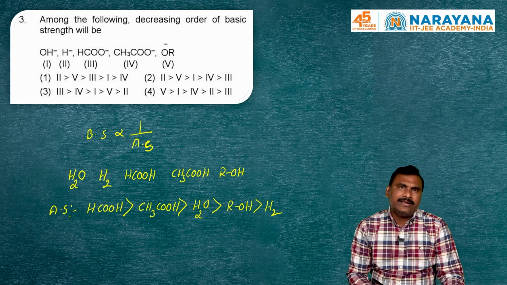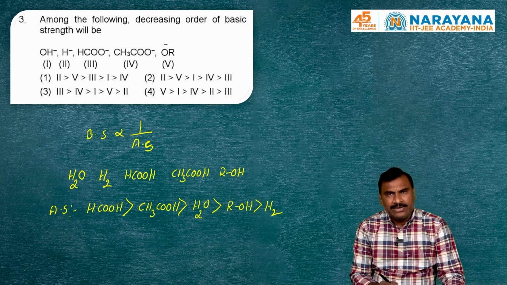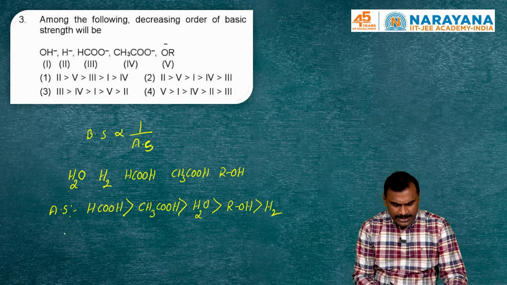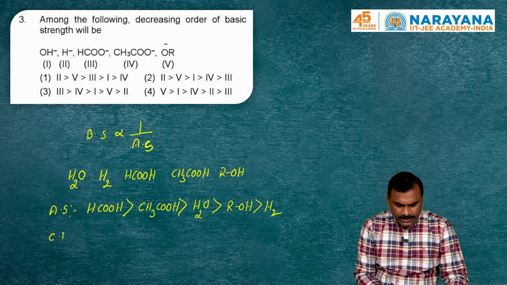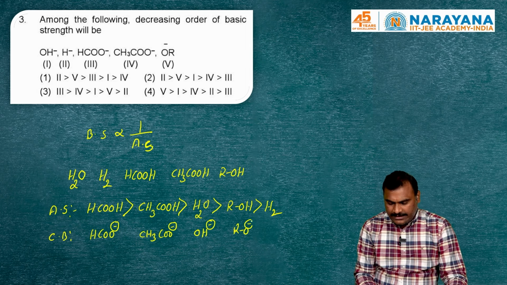Now our given anions are the conjugate bases of these acids. Then the conjugate bases are formate ion, acetate ion, OH minus, alkoxide and hydride ion.